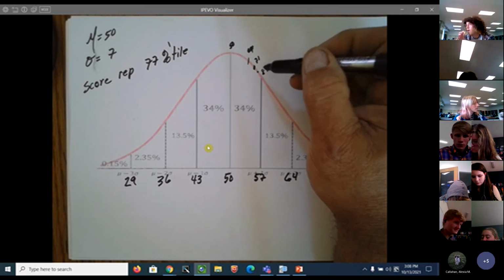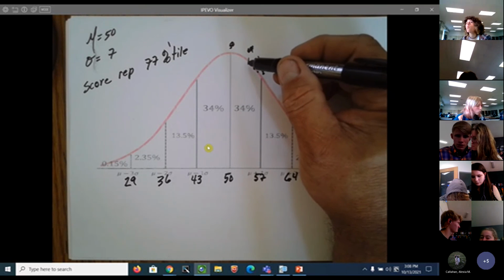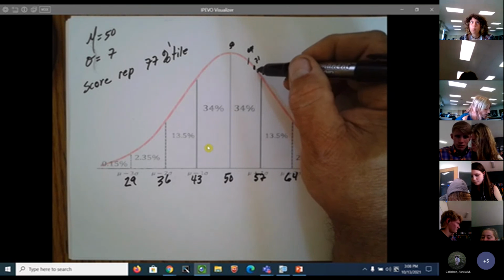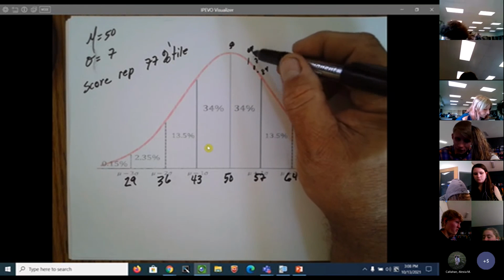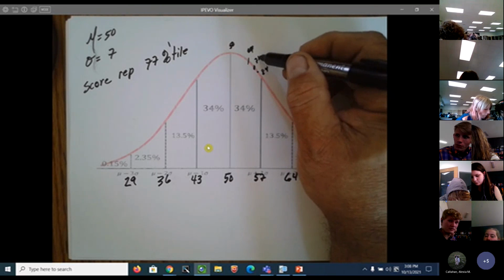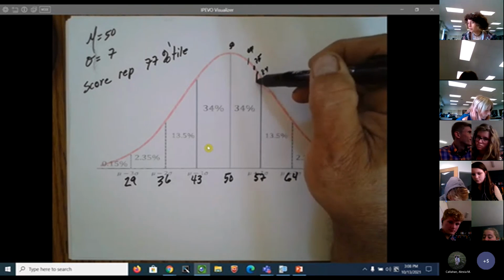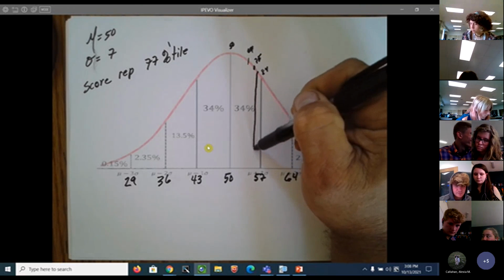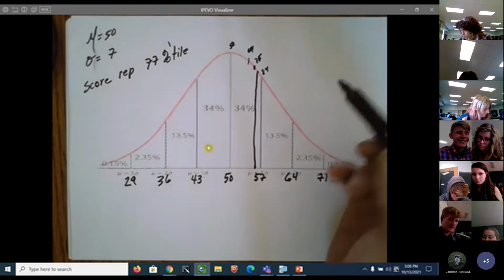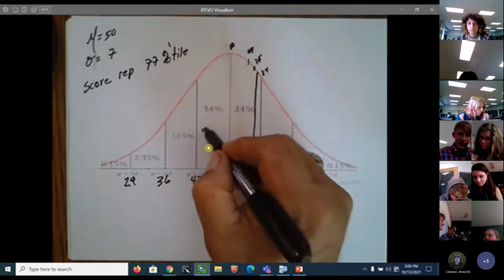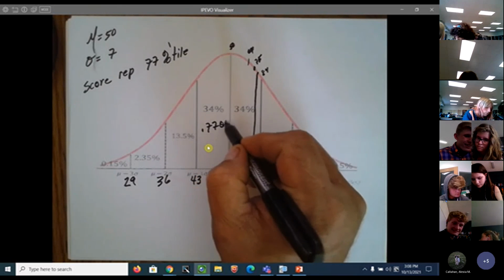I still don't think that's right. That's 17. Half of 17 is 8. 8 and 67, 75. There we go. And 77 would be about here. Does everybody agree with me? That should be 0.7700.